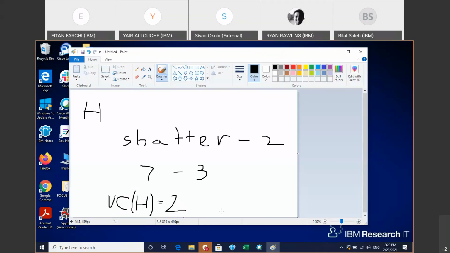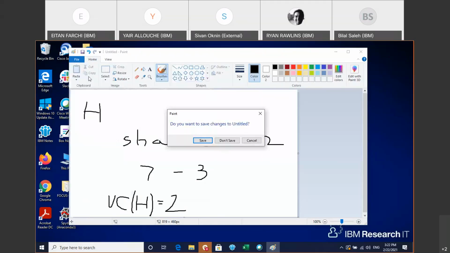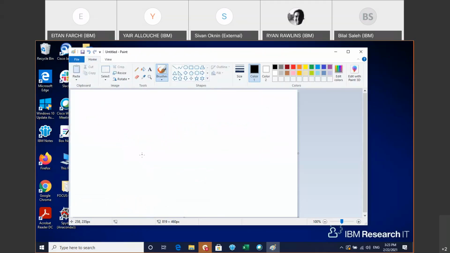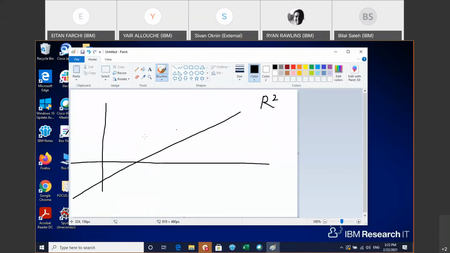So if you like to play around with this, try to think about the following problem. Think about R2, and our hypothesis set is any hyperplane. So any line that makes everything here plus and everything here minus, or vice versa.